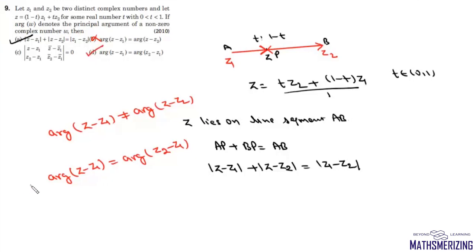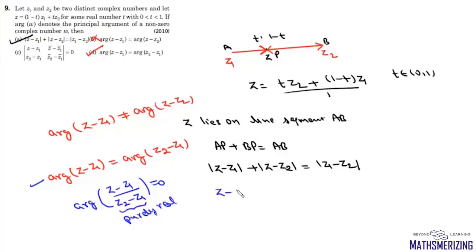Now from this, if we take everything on the left hand side, then argument of Z1 minus argument of Z2 is argument of Z1 upon Z2. So from here we can say the argument of (Z minus Z1) upon (Z2 minus Z1) must be 0. Now if the argument is 0, that means this complex number is purely real. And if a complex number is purely real, then Z equals Z bar.